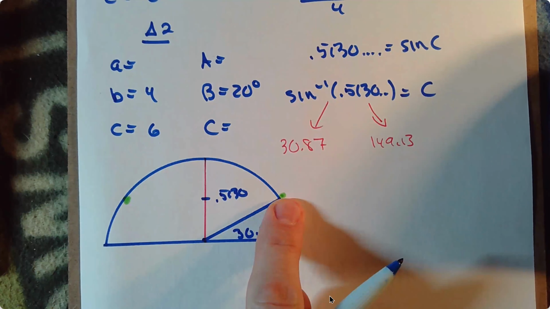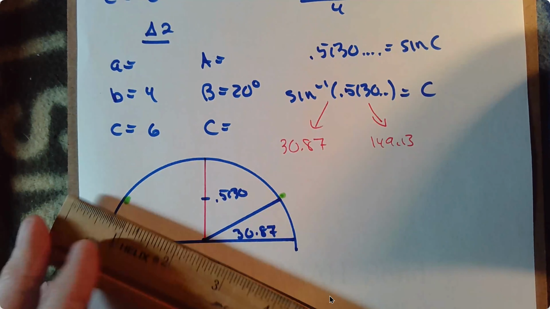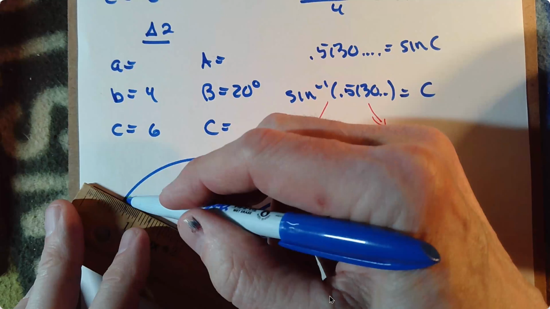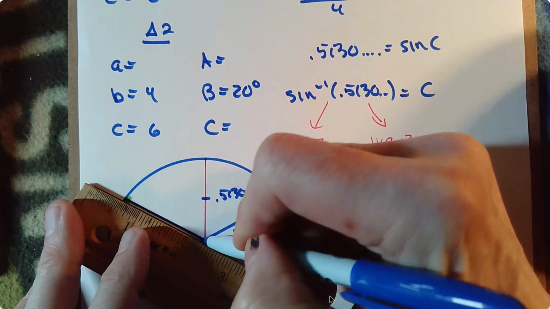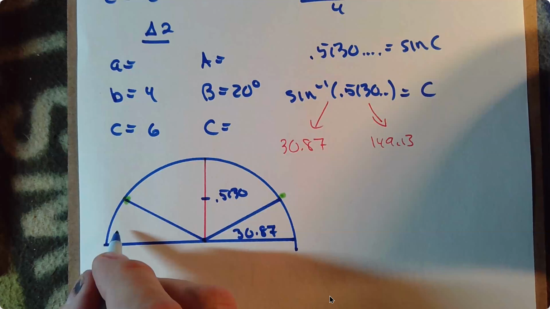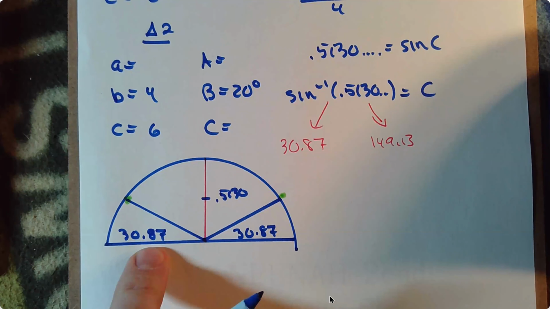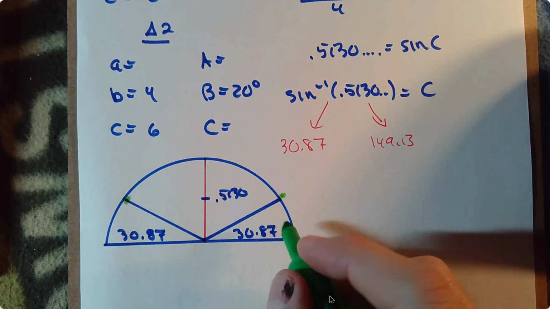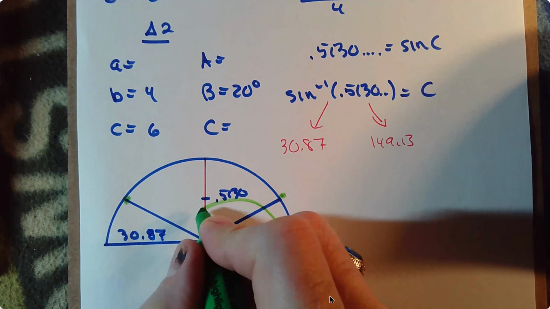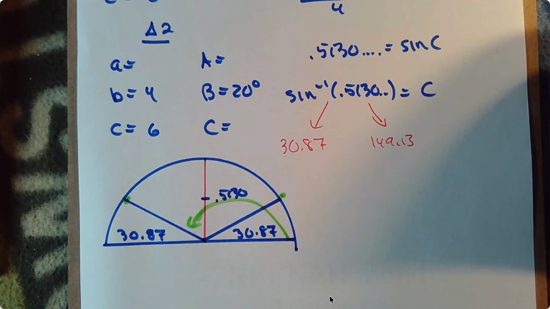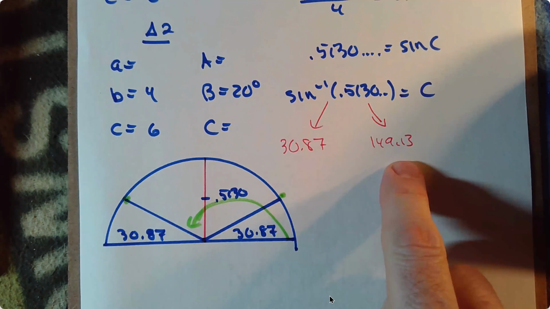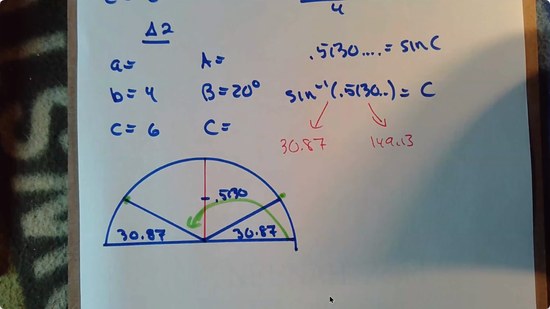But there's also a point in the second quadrant that shares that similar property, that it has the same y coordinate. So this angle is also 30.87 degrees from the horizontal. But if I'm trying to measure that angle from the positive x-axis, it's going to be 180 minus that little bit, which is our second angle here. So you have to look for both of those.